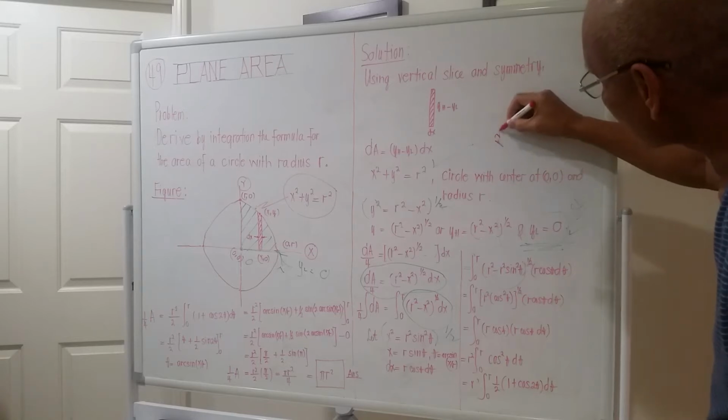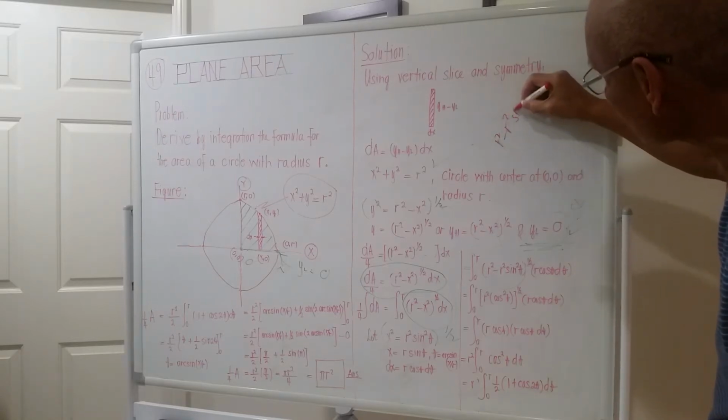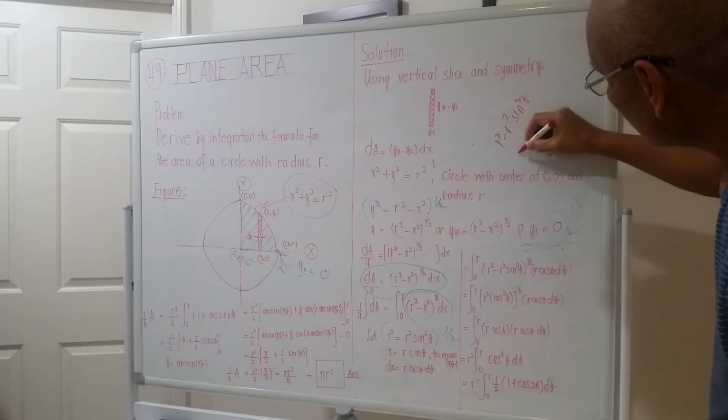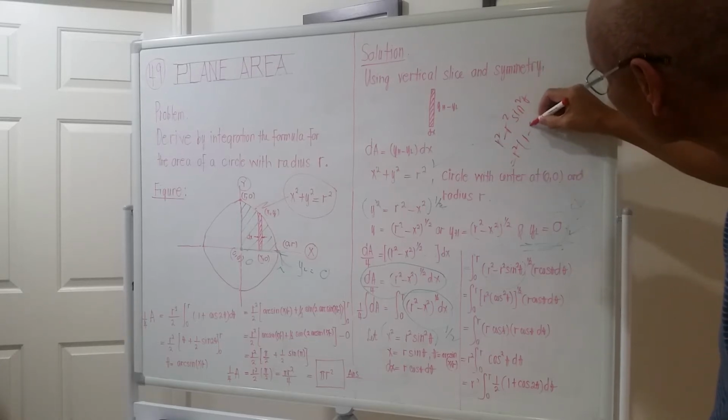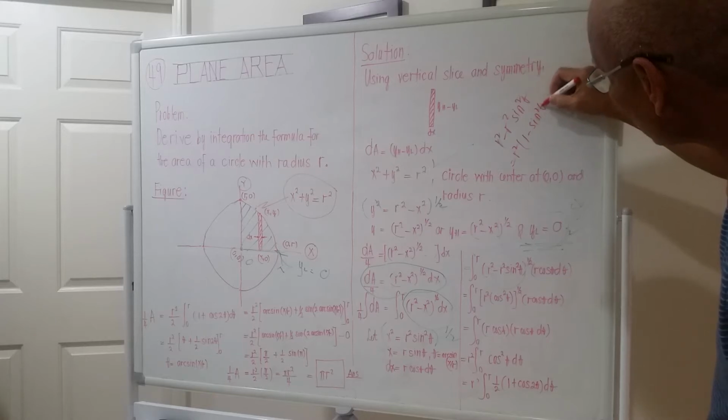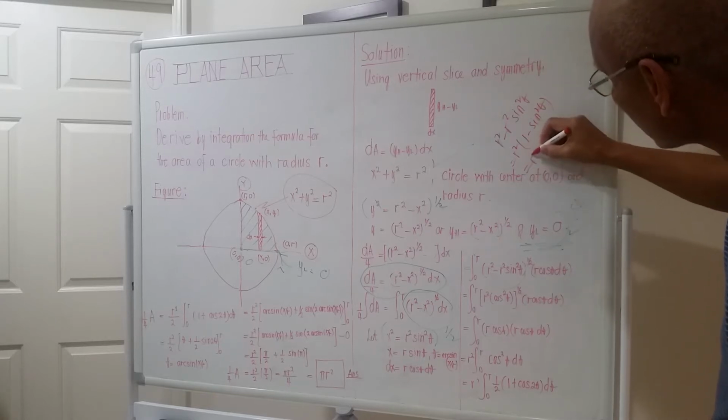The value r square minus r square sine square of theta can be written as r square times 1 minus sine square of theta.